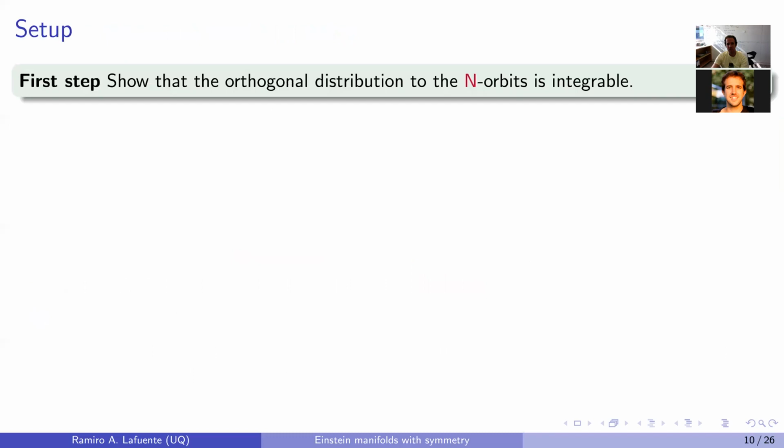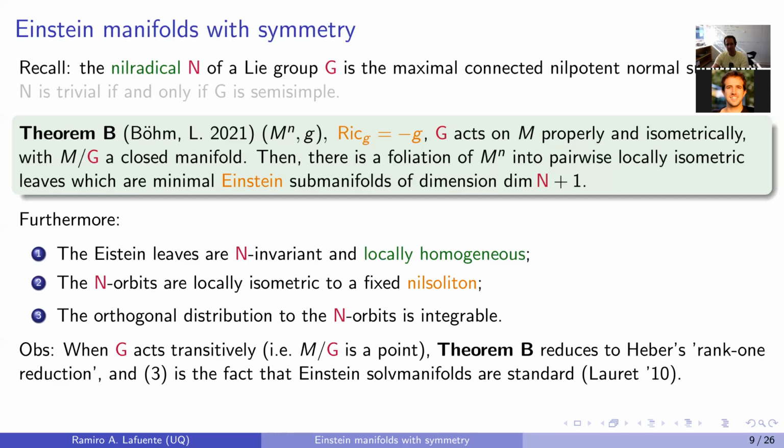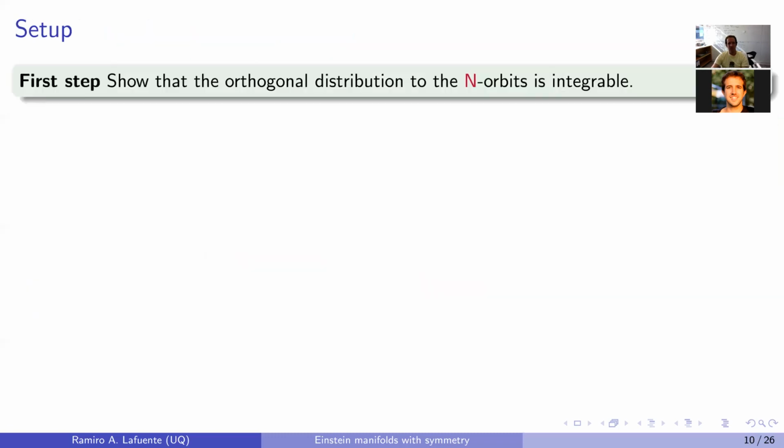Let me first focus on proving Theorem B for the particular case of a Lie group G which is as simple as it can be, for the sake of this talk. The first step for proving Theorem B is to show that this last item 3 holds.